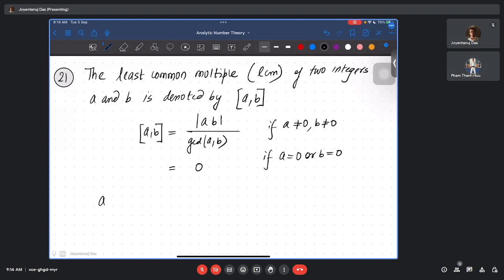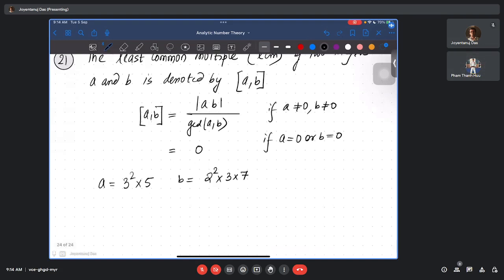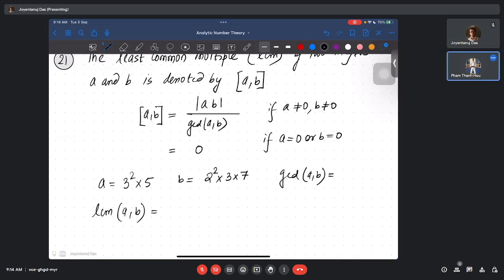Example: suppose a is 3 squared times 5, and suppose b is 2 squared times 3 times 7, right? Then what is the least common multiple? So the LCM will be... what is the GCD? Tell me first. GCD is 3, yeah, 3 only, because 5, 7, and 2 are not common in each of them, right?